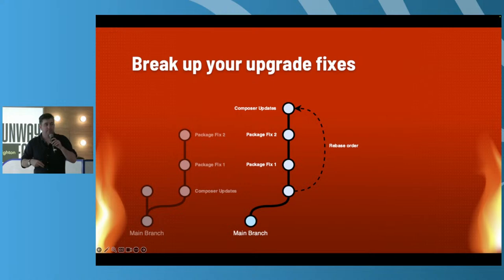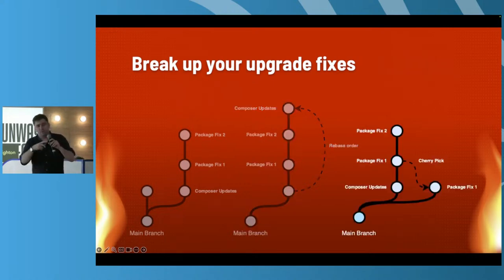It's the updated package. So we can then create a new branch and cherry pick that commit in, open a pull request, get that in as soon as possible, and that gets us ready for when we want to do that update.